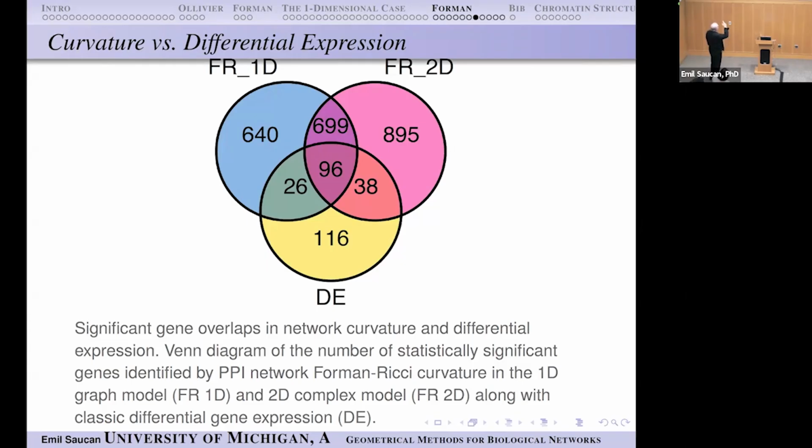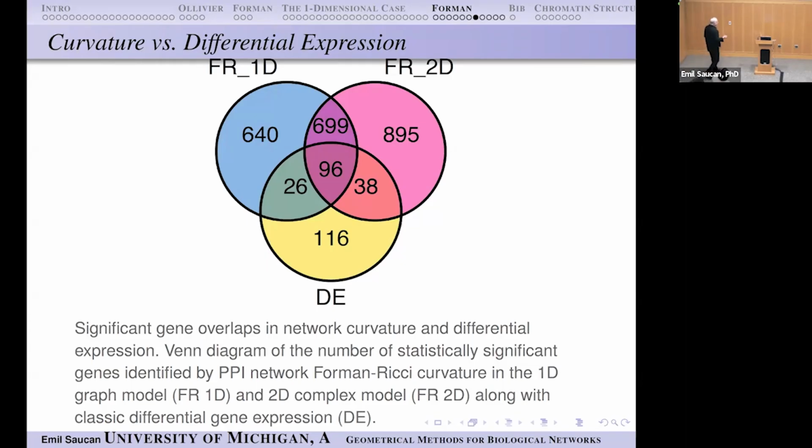And the lower yellow circle is classical differential gene expression. As you can see, the one-dimensional Forman curvature discovers much more. There are intersections, of course, but the curvatures discover much more relevant genes than differential expression. And moreover, the two-dimensional one that takes into account higher order structures is even more efficient.